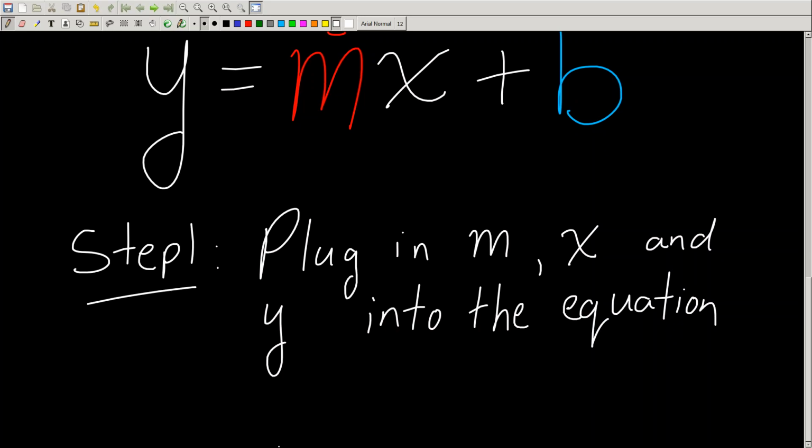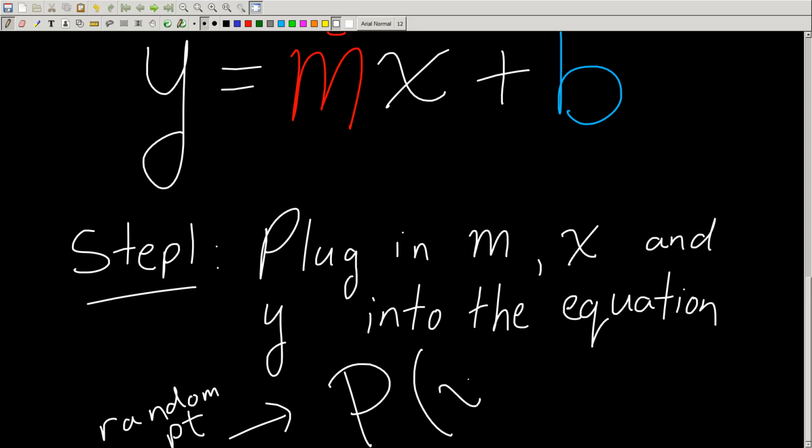I might give you a point P, a random point, and the point will have a coordinate x and a coordinate y. This could be any number, and that could be any number. So I'll give you those two coordinates. Along with the m, you plug in all that information.